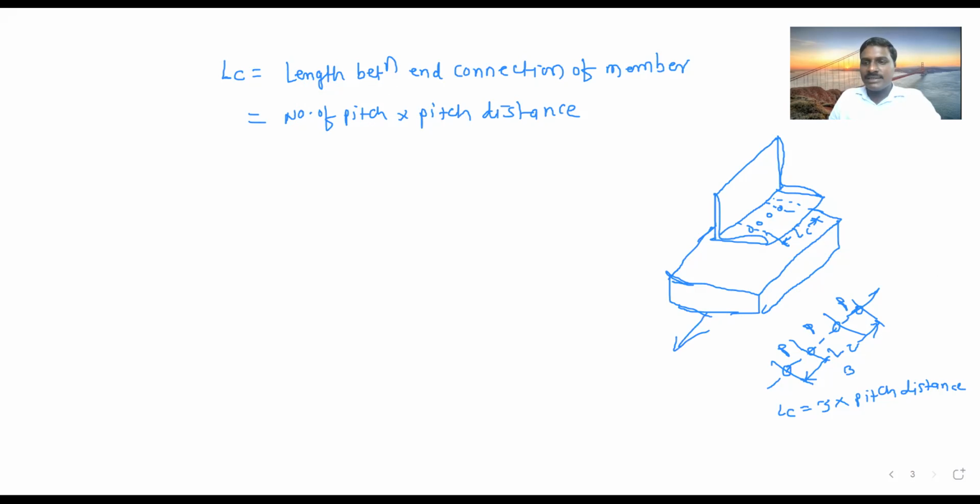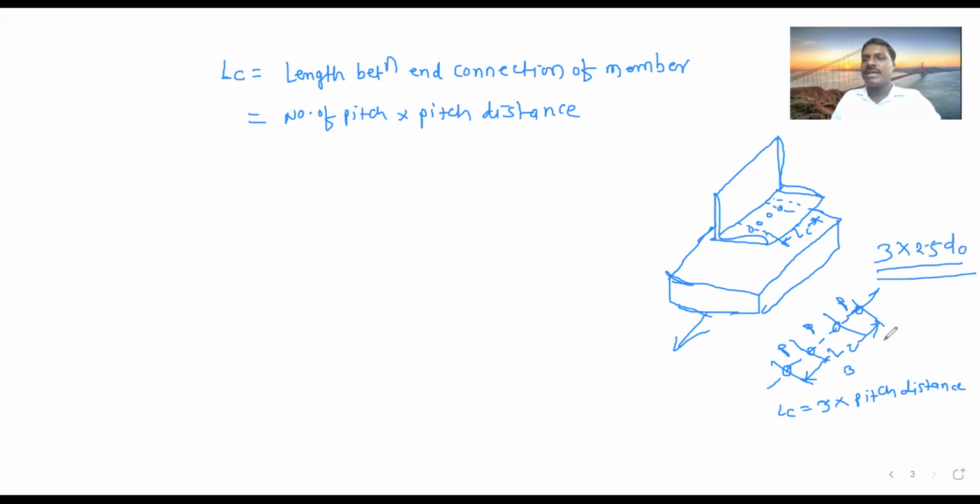So the LC is nothing but length between end connection, which means the center of the first bolt to the center of the last bolt. Here 4 bolts are there, so the length we measure from the center of the first bolt to the center of the last bolt is LC. How do we calculate it? The distance between 2 bolts is nothing but the pitch. Since there are 4 bolts, there are 3 pitches. 3 pitches into pitch distance, which we know is 2.5 into d naught.